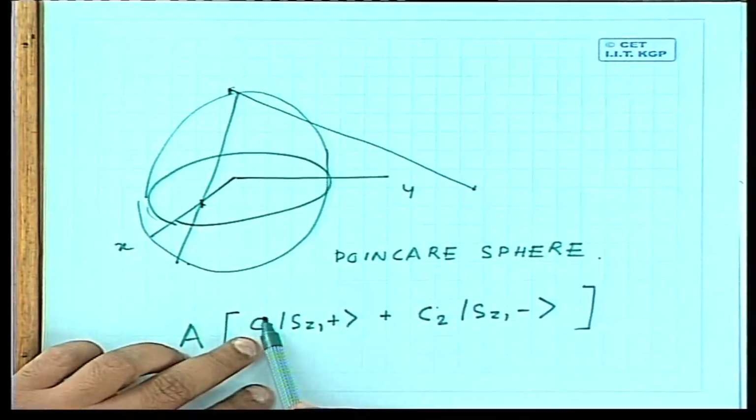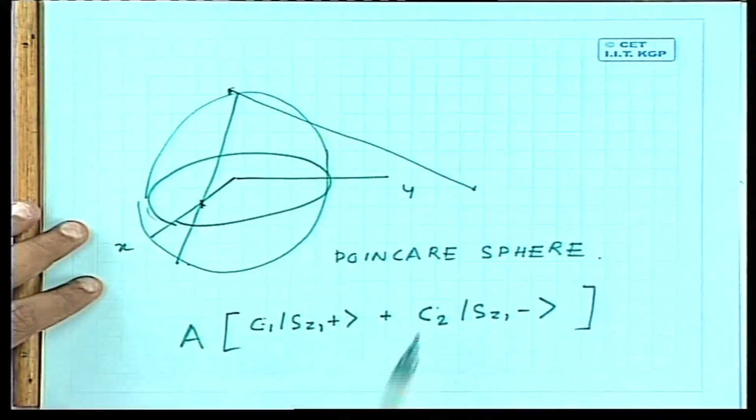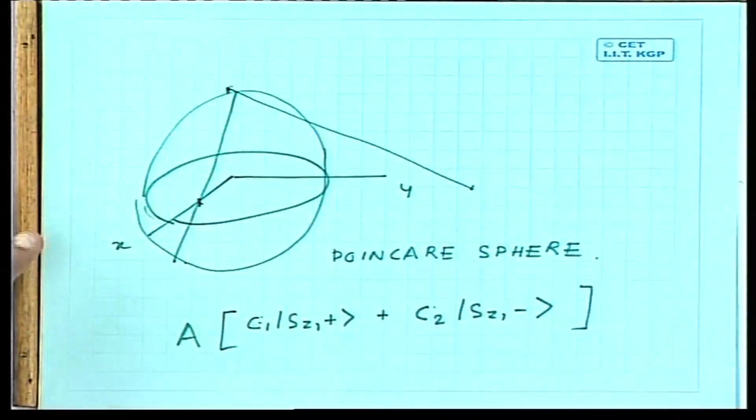So it is just the ratio of these two numbers which is going to determine the spin state, and any spin state of the particle can be represented by one complex number with the circle at infinity identified to one point, or any state of the spin half particle can be represented by a point on a sphere.